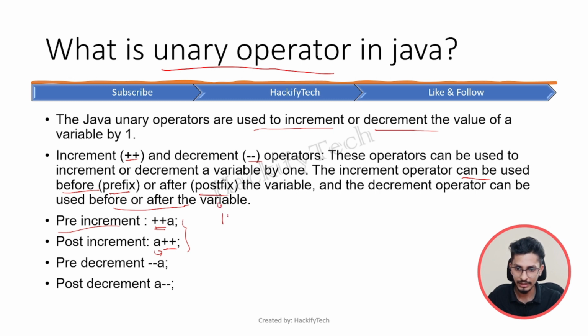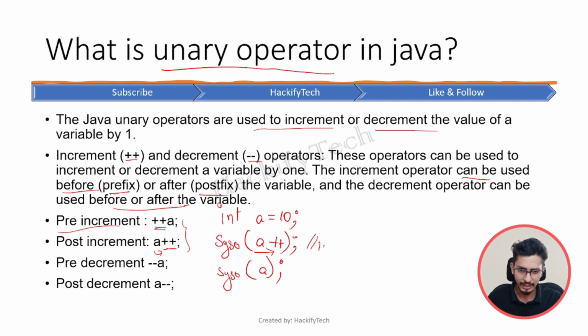Assume you have a variable, integer a equal to 10. Now you write System.out.println(a++), and then System.out.println(a). What will be the output? Coming from left to right, you have the variable a, so what is the value of a?